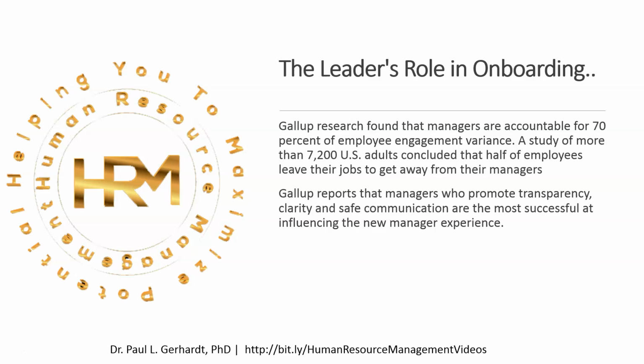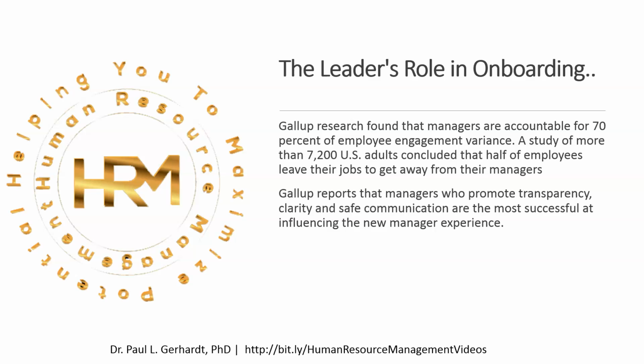The Gallup Institute reports that managers who promote transparency, clarity, and safe communication are the most successful at influencing a new manager's experience. So those are just good leadership competencies to have: being transparent, being very clear in their communication, creating a place of safety.